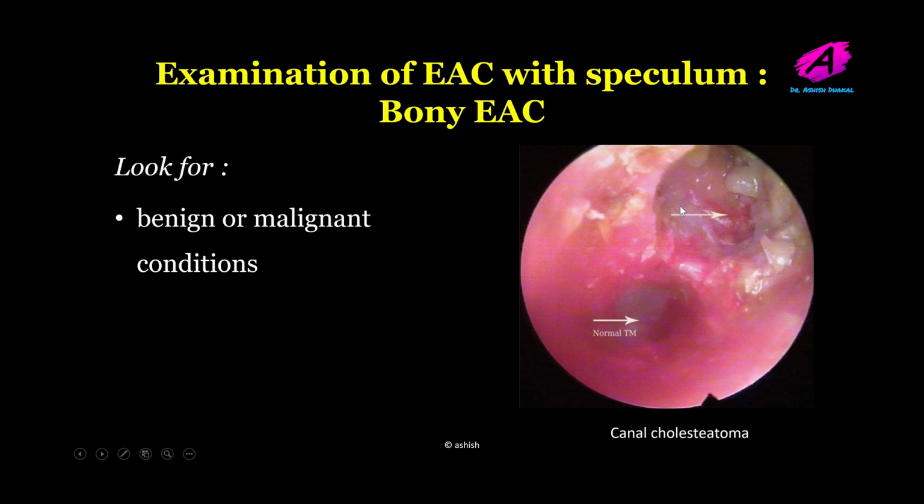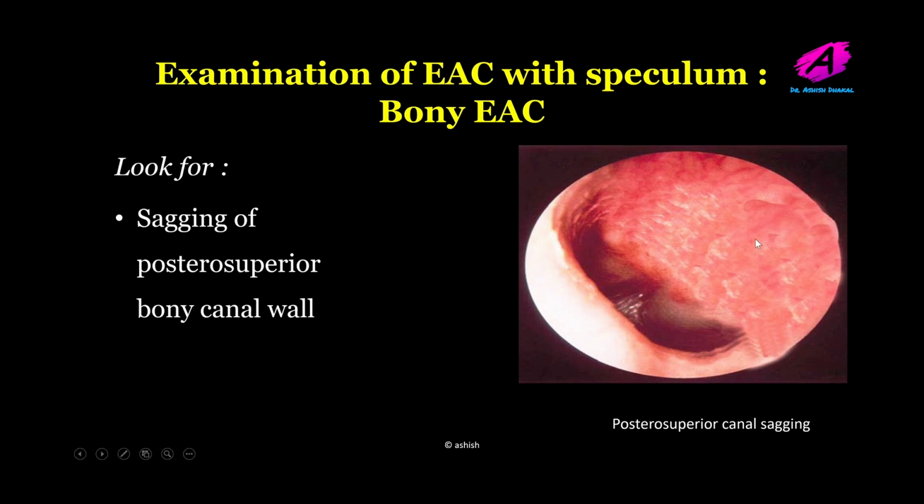Here you can see there is destruction of the bony part of the external auditory canal with canal cholesteatoma. In the deeper part of the bony canal, look for sagging of the posterior superior bony canal wall. This is seen in cases of mastoiditis, where there is periostitis and inflammatory edema in the posterior superior canal wall, which is related to the mastoid.